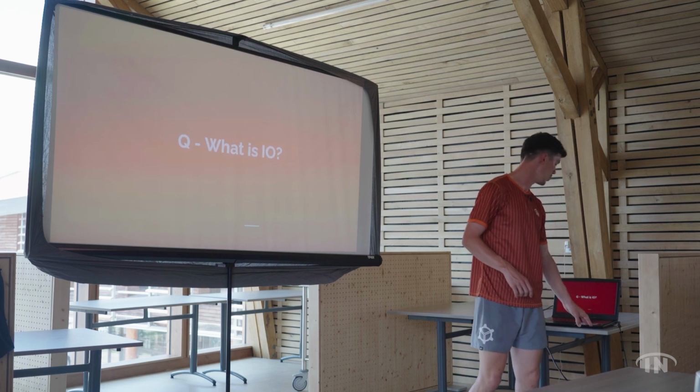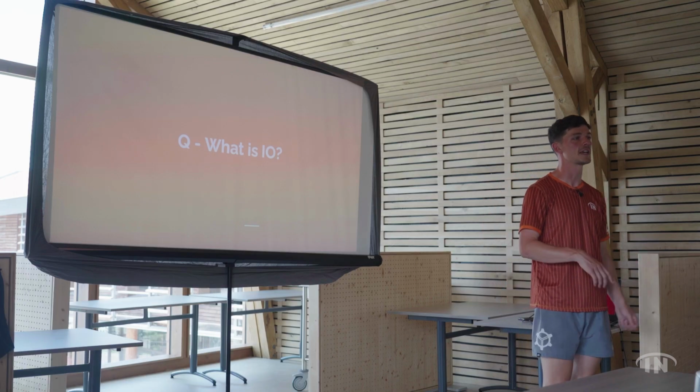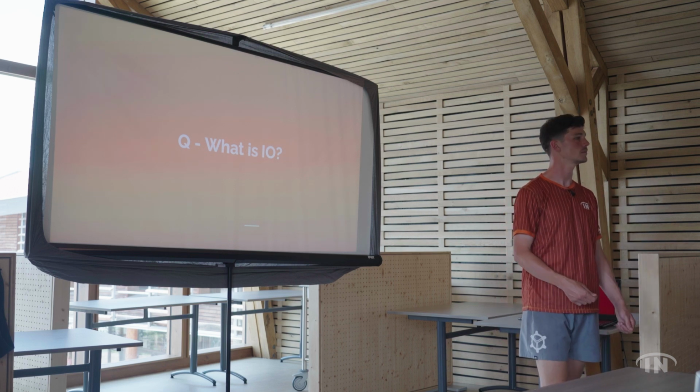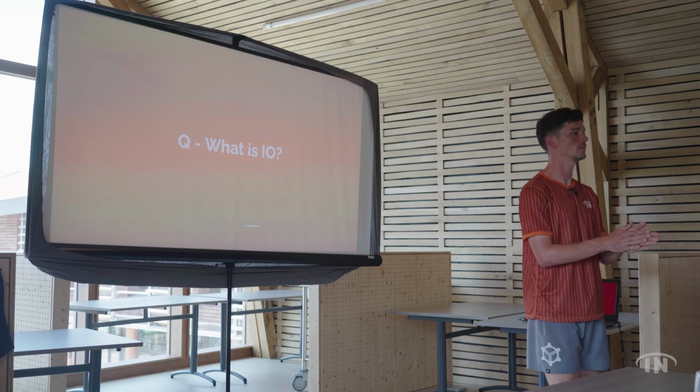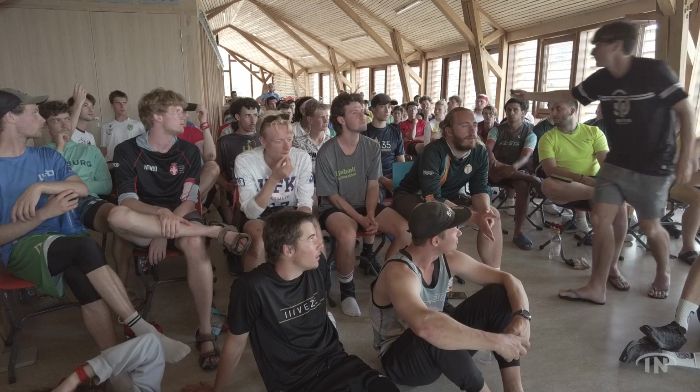So question for the group, what is IO in your perspective? Don't overthink it, just like if someone said throw an IO, what would you do? Hands up. If someone said throw an IO, what would it be? Yes, at the back.